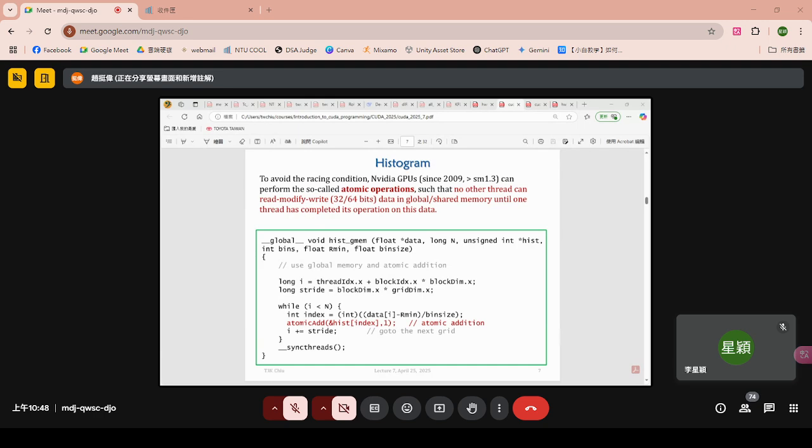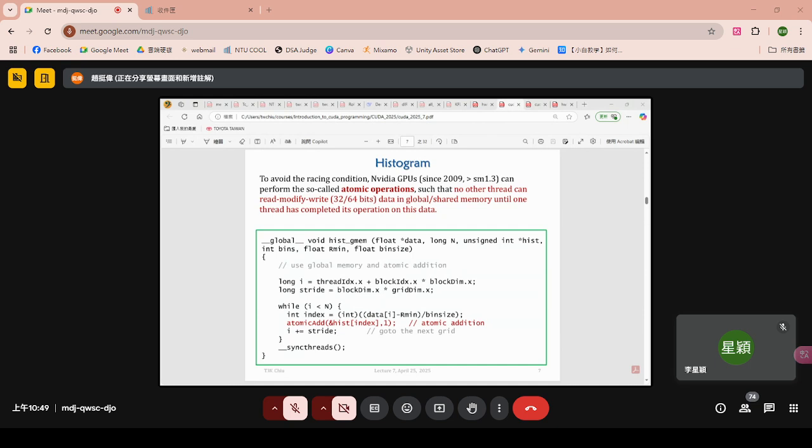So this is the kernel, as I explained before. Here I commented out this check, which would print out whenever the index turns out to be bigger than the number of bins, or the index is less than 0.